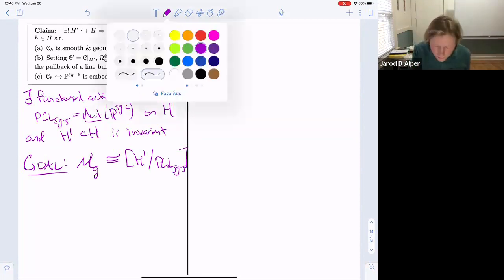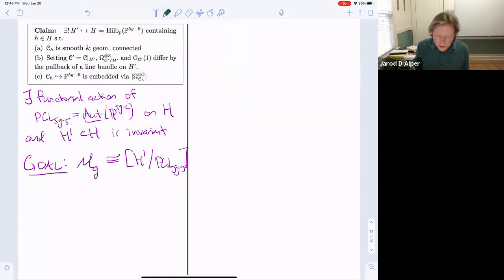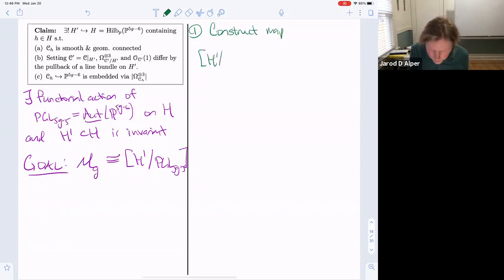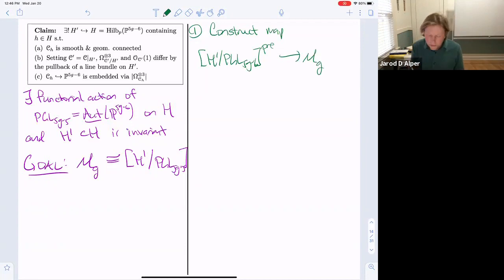And it's actually not that bad. So I'll do it in maybe 3 or 4 steps. We first construct a map from H prime mod PGL 5G minus 6, from the pre-stack, to MG. Here, it's not so bad. If I have a morphism from S to H prime, remember these were the objects in the pre-stack, I need to send it to some family of curves.